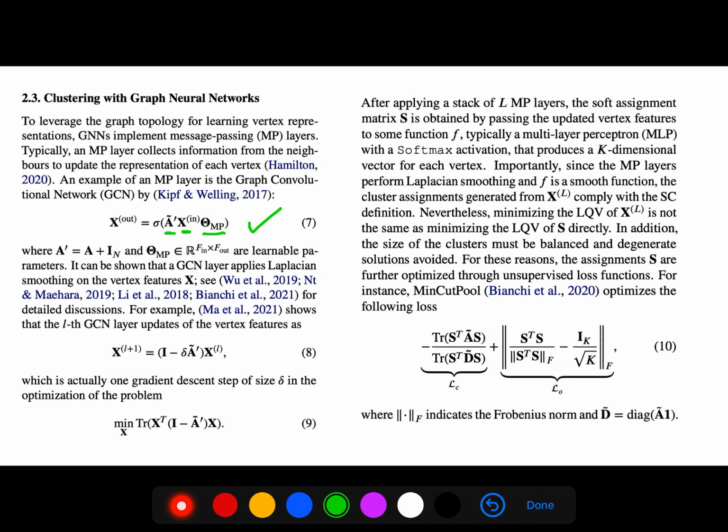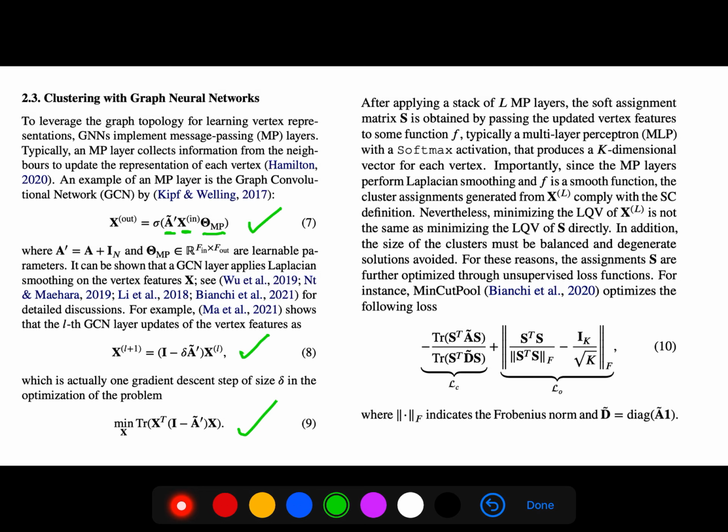So the GCN update of the vertex is this, which is actually one gradient descent step of size delta in the optimization. So after applying L message passing layers, the soft assignment is obtained.